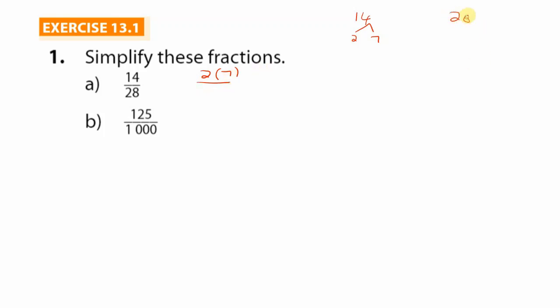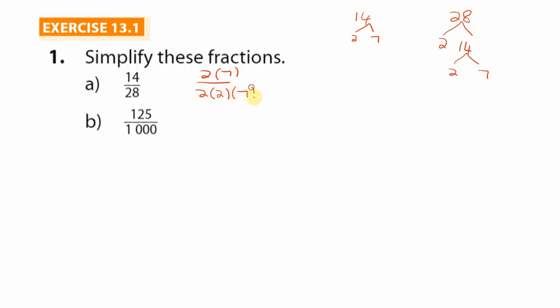For 28, we know our smallest prime number, namely 2, can go into it 14 times. And from here we know into 14, 2 goes 7. So we can rewrite it as 2 times 2 times 7.